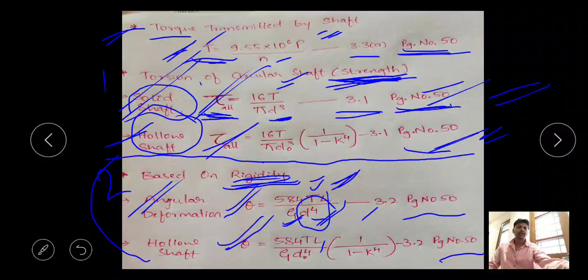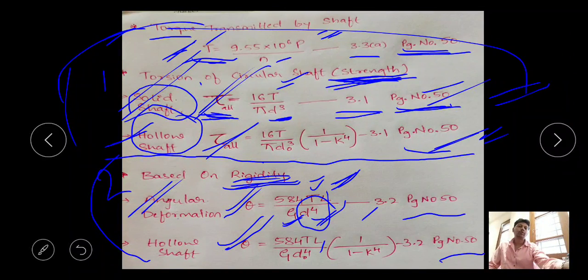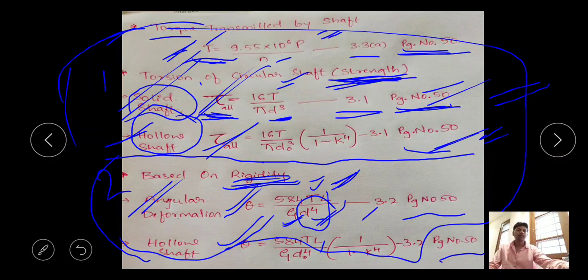Now what you have to do is take the design data handbook. I have told already, without the design data handbook it is impossible to solve these problems. In this whole chapter we are using all these formulas for solving problems. See here, you are using page number 50 and using equation 3.3a, 3.1.